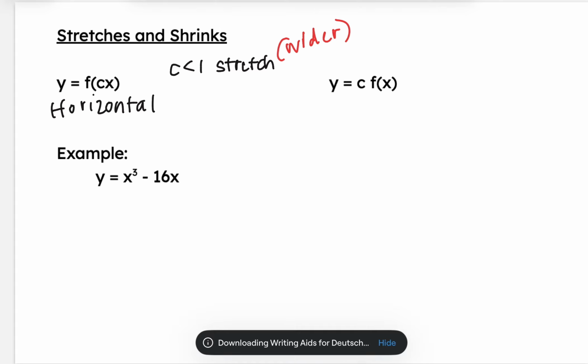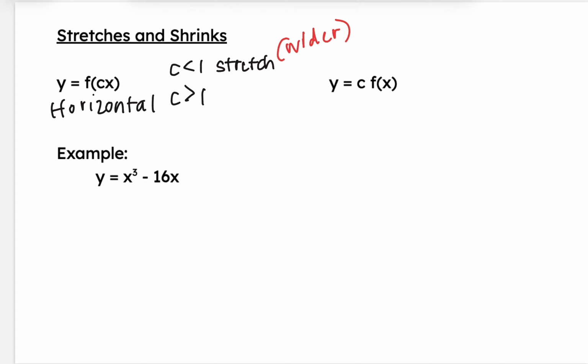Okay, so then if c is greater than 1, that's going to be a horizontal shrink. So if you're thinking of moving your hands, like stretching something to the left and the right, it's going to stretch it out and make it look wider. If you're compressing something from the left and right, it's going to make it look narrower.